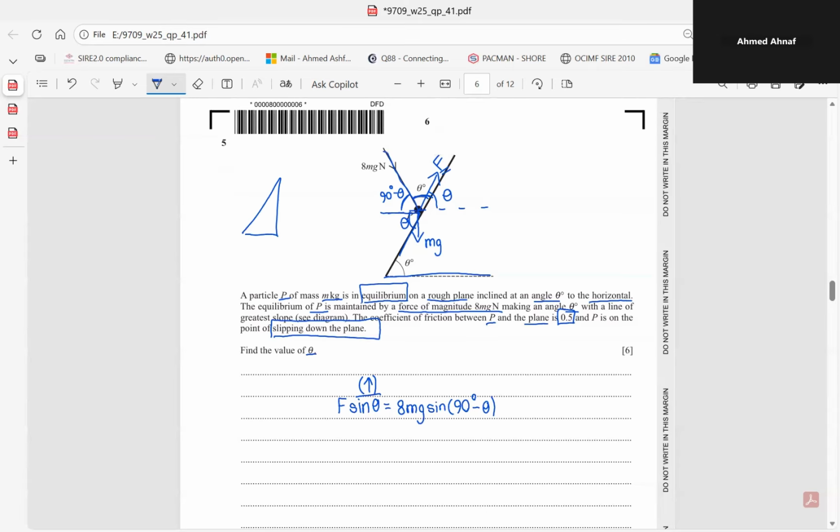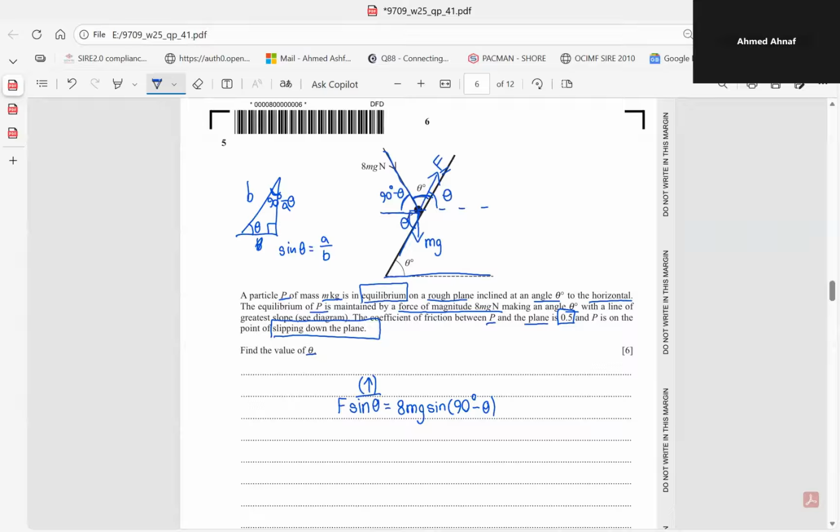If you don't know the identity, we say this is theta, this is A, B. So sine theta here is, oh wait, sorry, this one is B, the hypotenuse. Opposite over hypotenuse, A over B. And since this is a right angle triangle, this one is 90 minus theta.